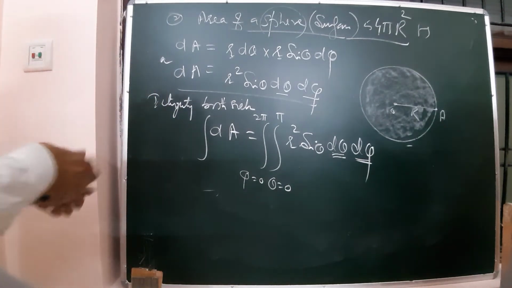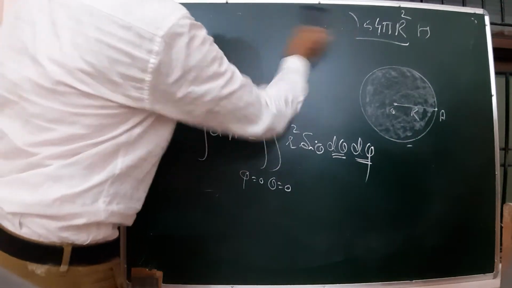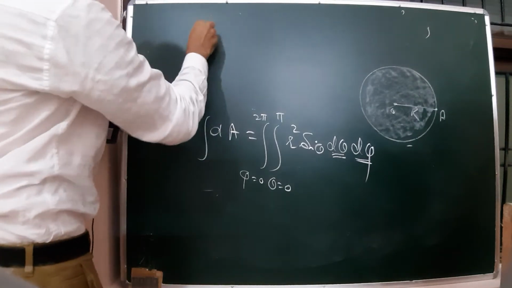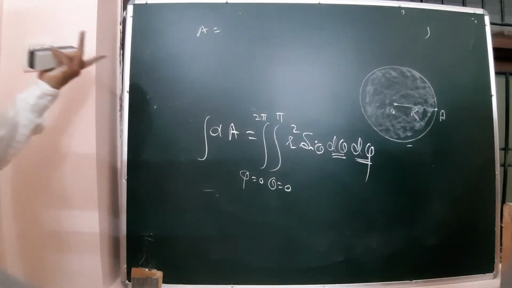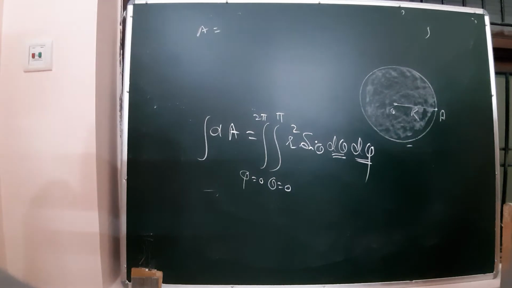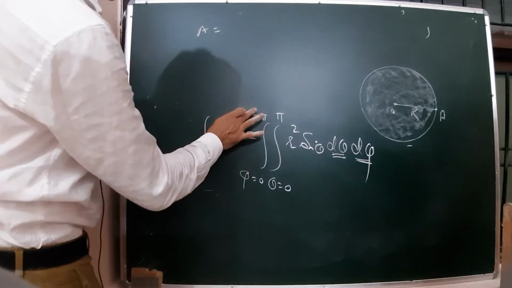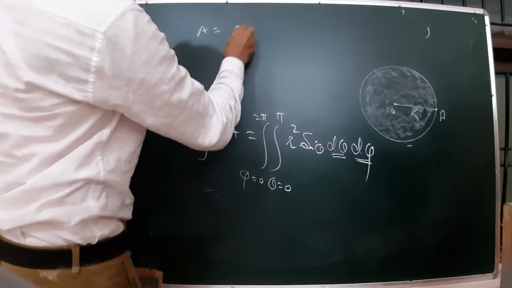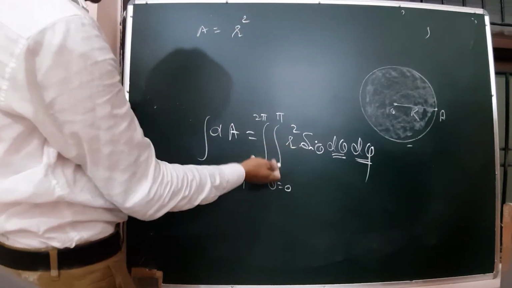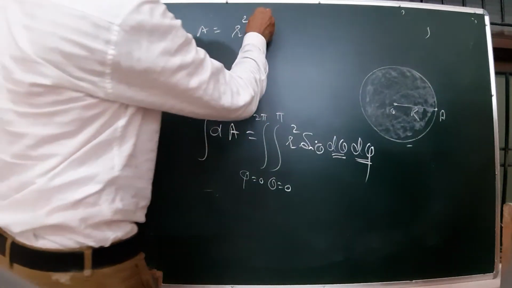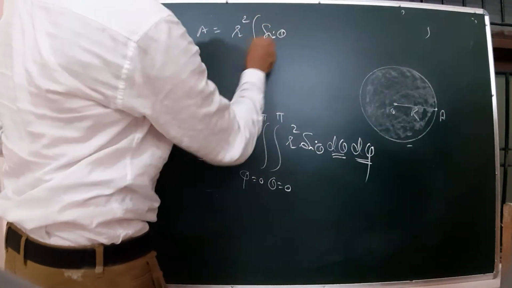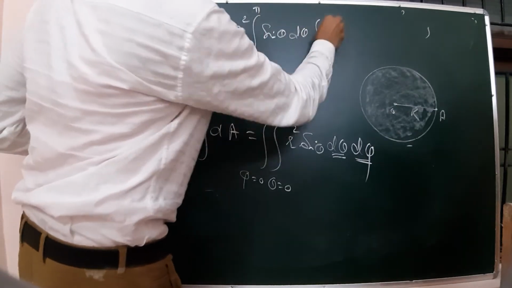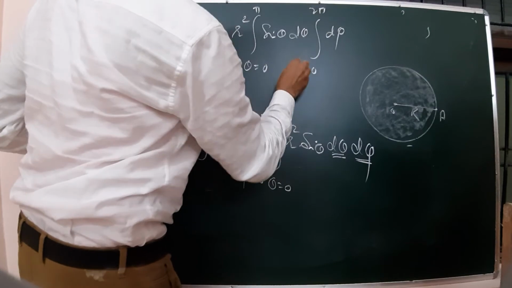Now, solve this integral. So on the left hand side I am writing this integral of dA as A, because I am not solving it, it is just a symbol, and on the right hand side separating the variables, that is r square is taken common because it is independent of the variation, it is constant, and it is sin theta d theta, theta from 0 to pi, and it is d phi, 0 to 2 pi because phi.